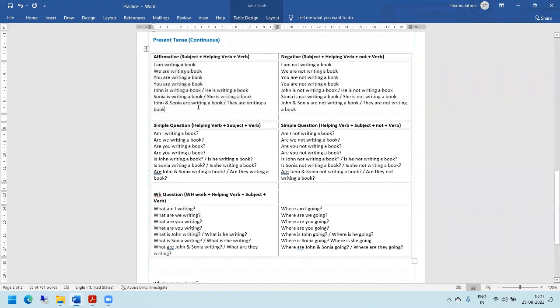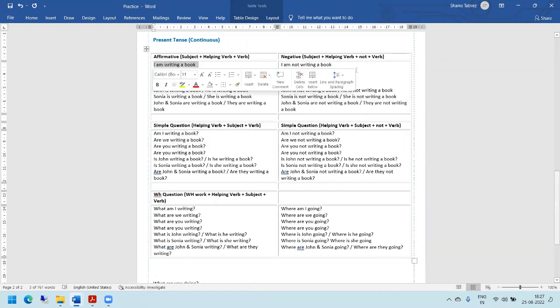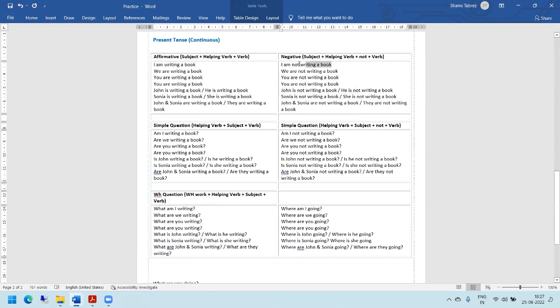However, a simple question can be answered as affirmative or negative. For example, are you writing a book? He can reply, yes, I am writing a book, or he can say, no, I am not writing a book. Are you getting my point?